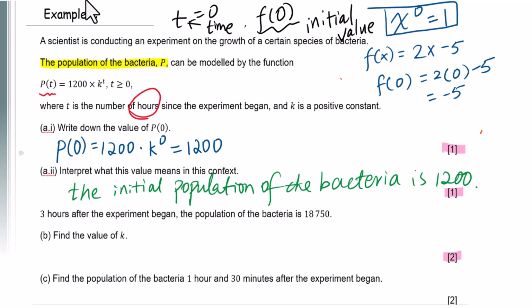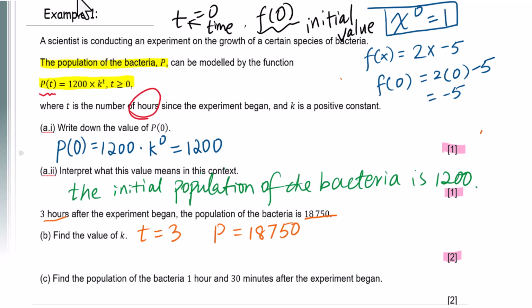3 hours after the experiment began, the population of bacteria is 18,750. We always go back to this function. From this function, 3 hours means t equals 3. 18,750 means P equals 18,750.